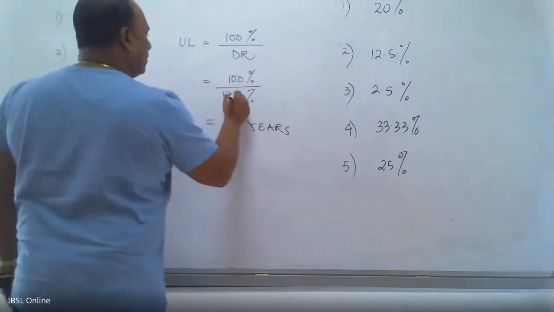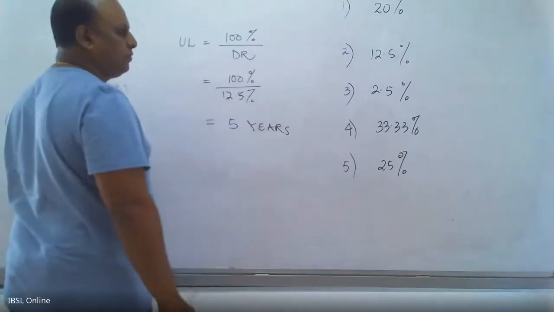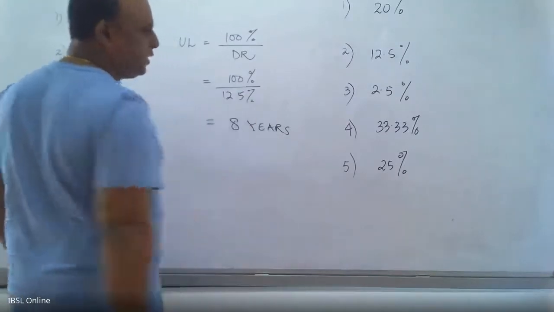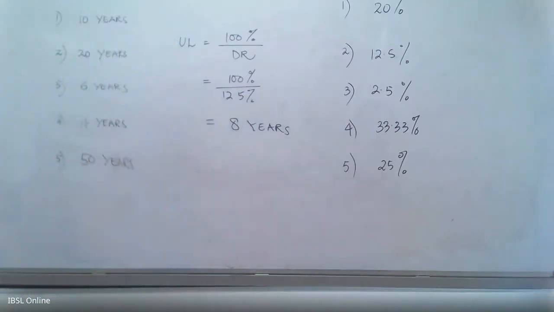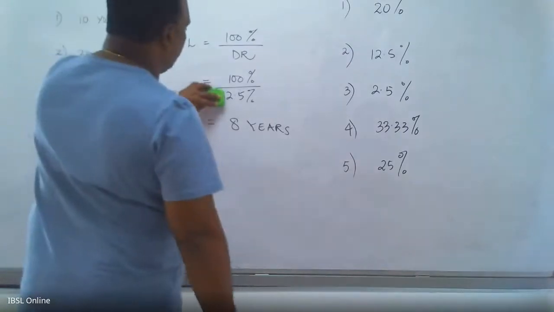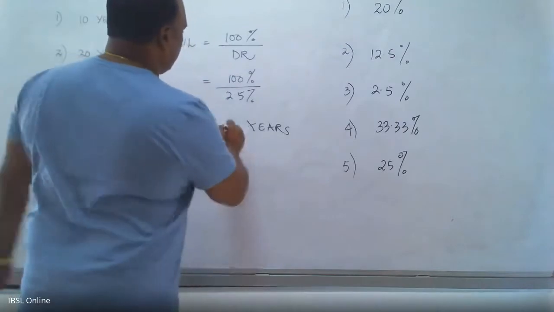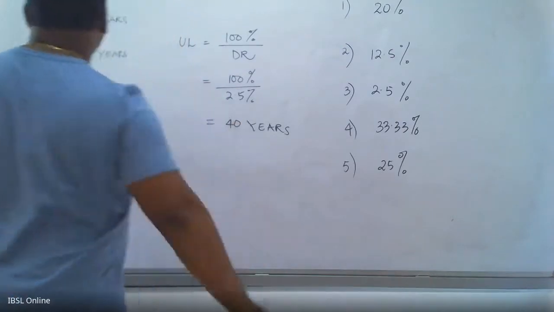To put 12.5, you will get 8 years. And when you put 2.5, 40 years.